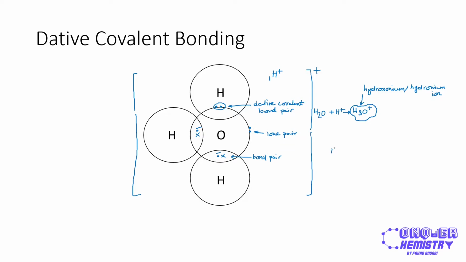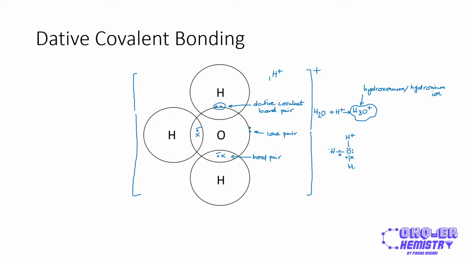Another way to represent this using the dashes is to use regular single dashes for single covalent bonds, one bond pair shared between the atoms. So one bond pair is shared between this hydrogen and this oxygen over here, and the oxygen and this hydrogen share one bond pair. But if I want to show a dative covalent bond, over here I have this lone pair, another lone pair, and a hydrogen ion has no electrons of its own, so it will rely on the oxygen to use a lone pair to convert it into a bond pair between these two.